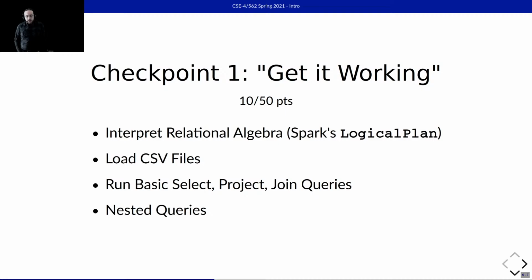And you're essentially going to have to take that tree and transform it into something that you can actually get answers out of. We'll talk about this in more detail in the coming classes. But essentially, you're going to read the data out of the CSV files and then run some basic queries over the CSV files. There will be a few other things that you need to pull off.